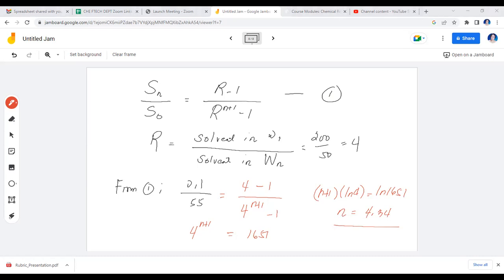Can you hear me, class? Okay, so you can see the solution. Can you follow the solution? So this is the number of thickeners, 4.34.